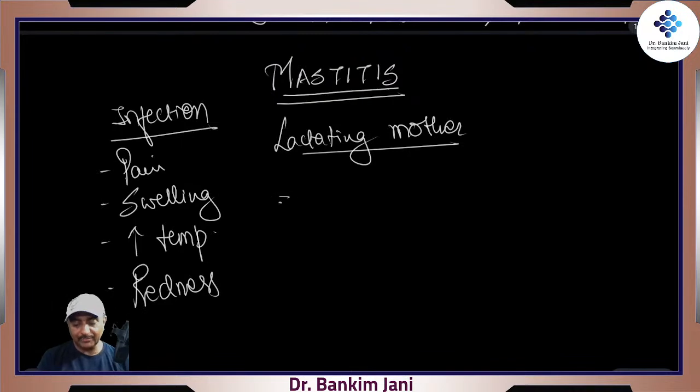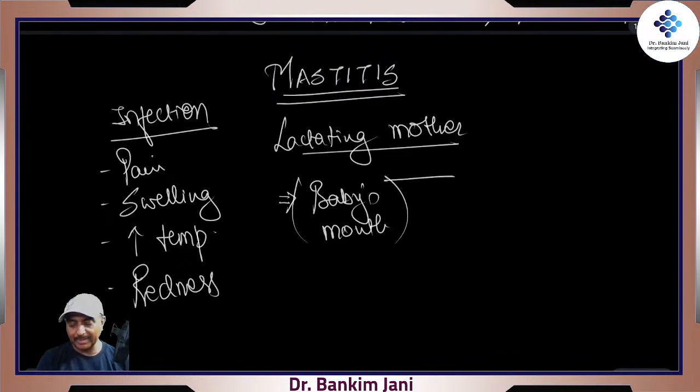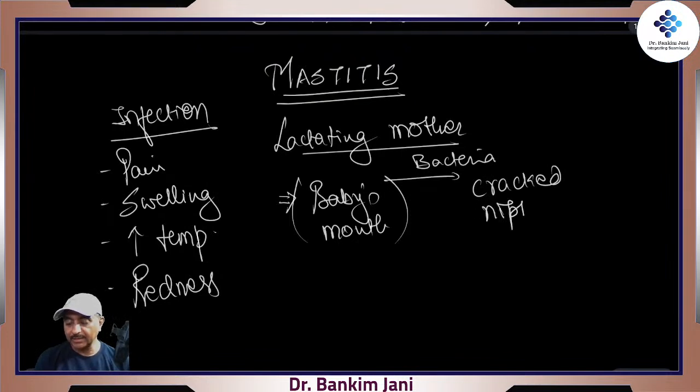But how does it really happen? Bacteria enter via the baby's mouth through a cracked nipple. That's the reason it is very necessary to lubricate the nipples properly so that they don't crack. Via those cracked nipples, infection goes inside and then spreads into the area.